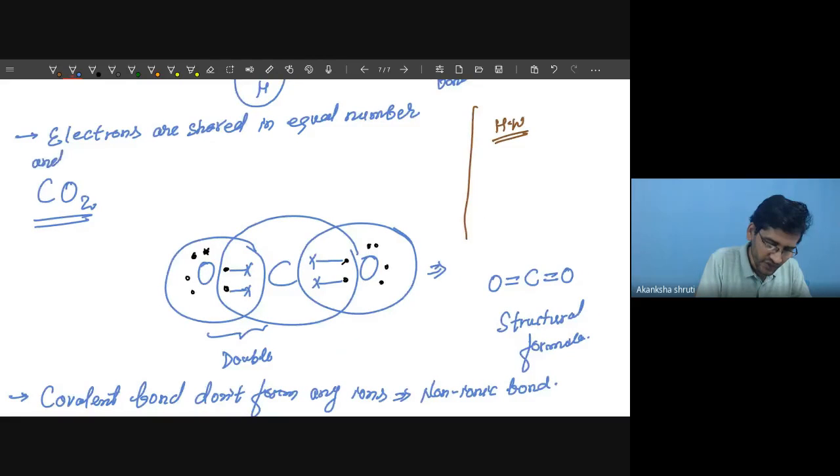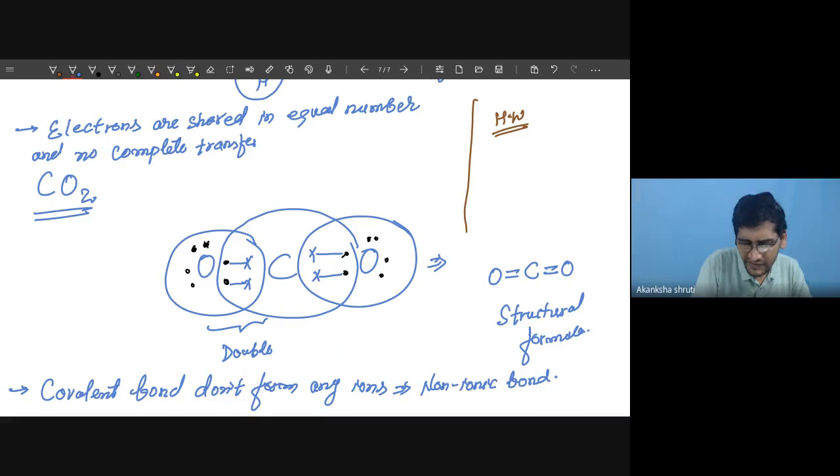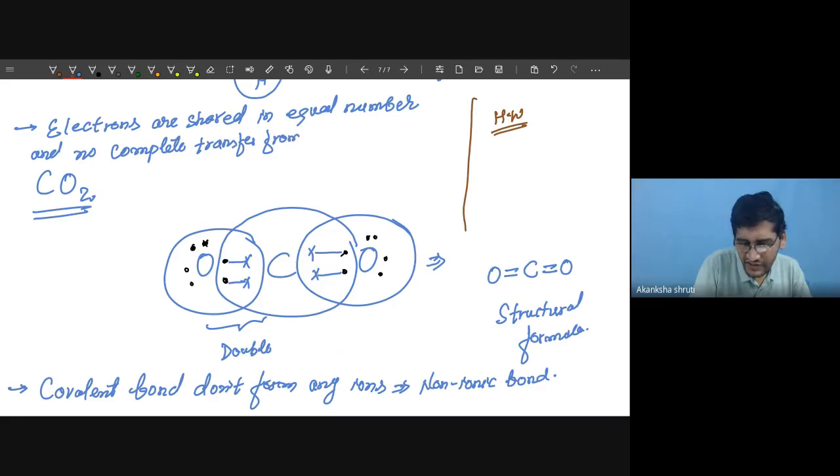And no complete transfer from one atom to another.